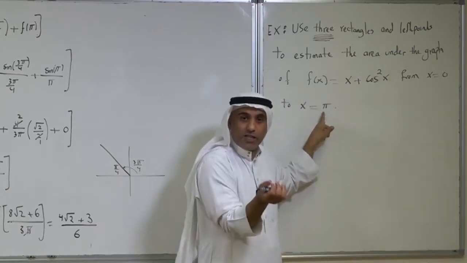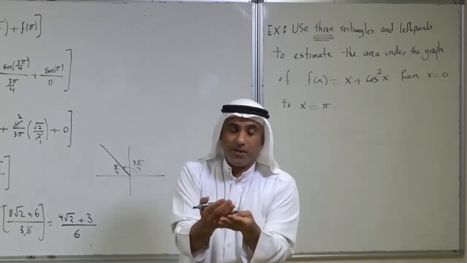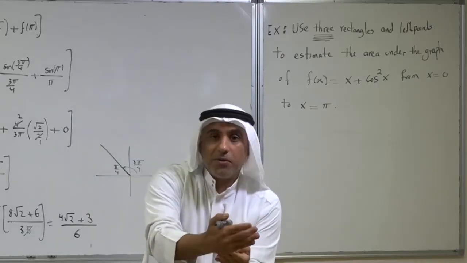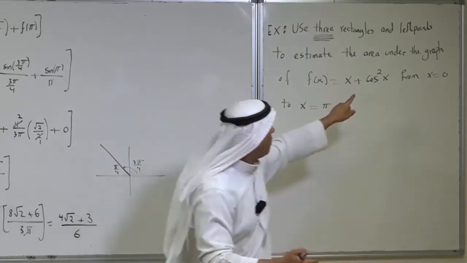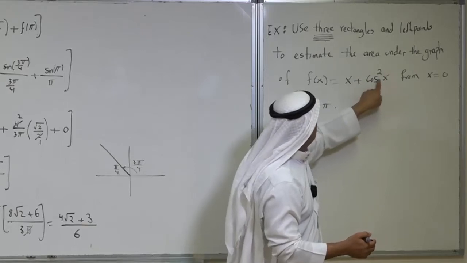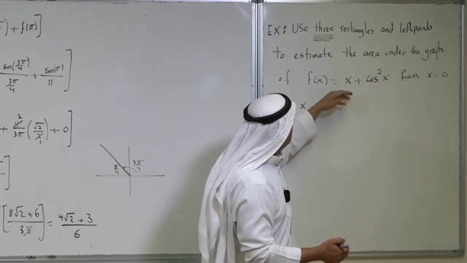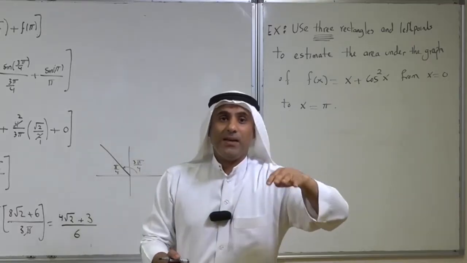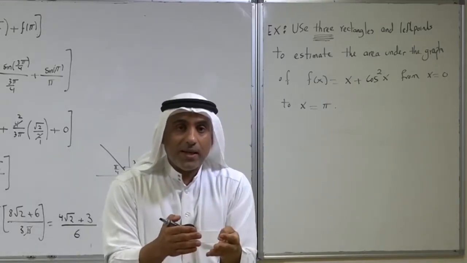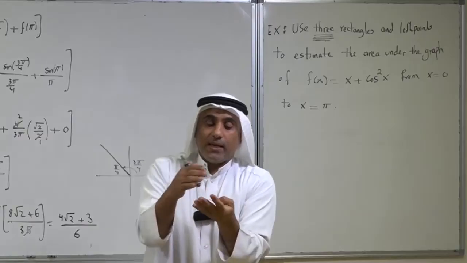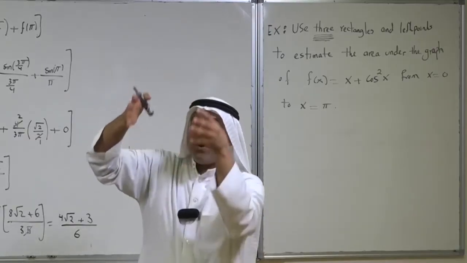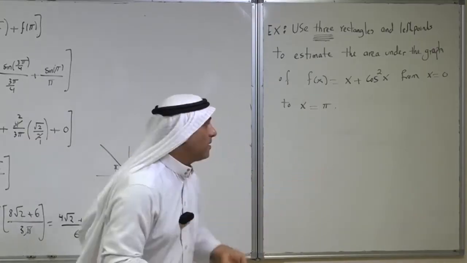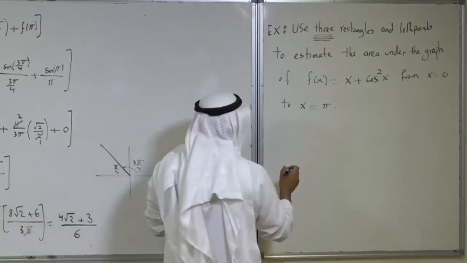You know, the cosine function is positive between 0 and pi over 2, but it is negative from pi over 2 to pi. By putting this square, this is always non-negative, and also x is non-negative. So the area under the curve will be estimated by using 3 rectangles, and we can talk about the area under the curve by this procedure. Okay, how to find the answer?